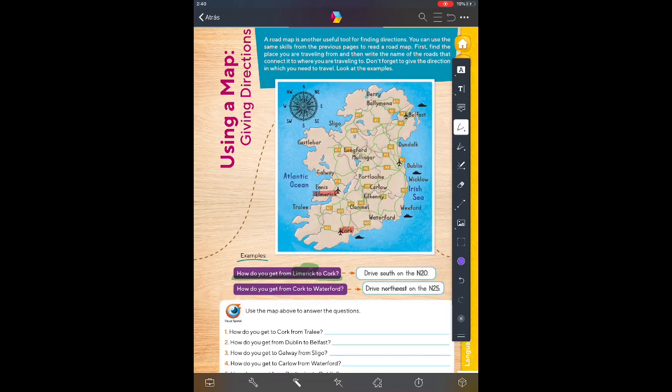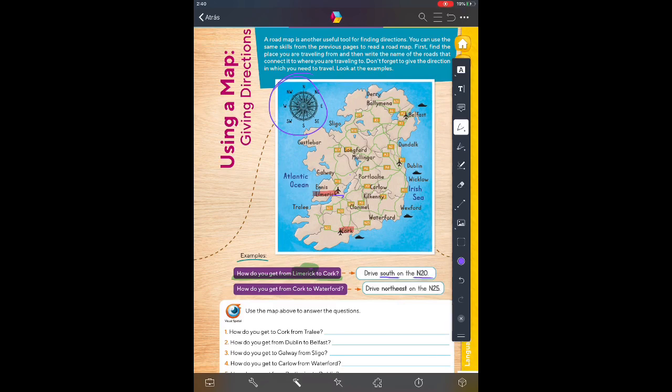And it says that we need to drive. Remember that we have here the compass rose, which is going to tell us the direction where we are traveling to, okay? So from Limerick we're going, like it says here, south on the N20.